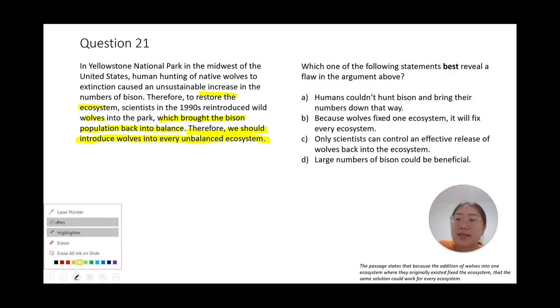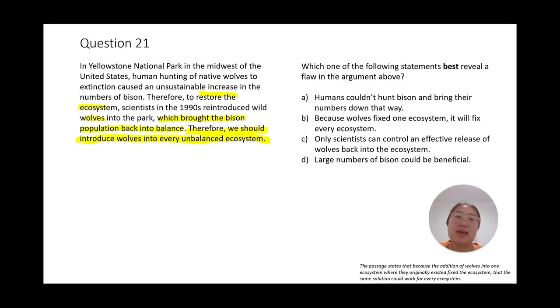Well, they have taken something true for one specific case and made it true for every single case. It's like treating every single disease in the world with one single medicine. Although that would be great, it is impossible because every case is different and unique. So B is the answer here. Because wolves fix one ecosystem, it will fix every ecosystem. That is the flaw in the argument.